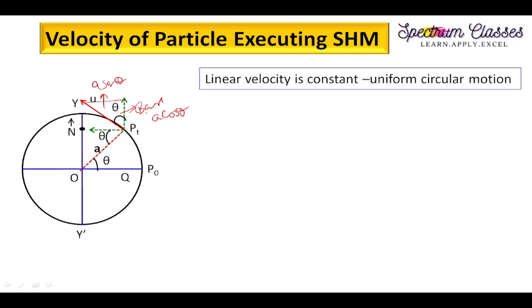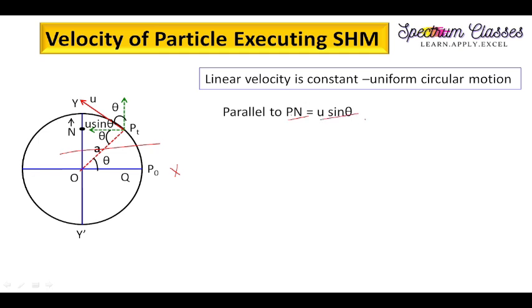Mathematics students can easily understand this geometry and trigonometry, but for biology students it will be a little difficult, so I will make a separate video on this. Here, the component parallel to OQ or the x-axis, that is parallel to PN, is equal to u sin theta.